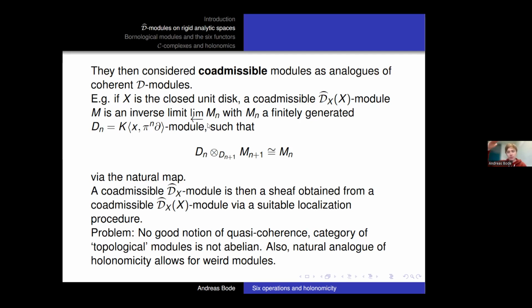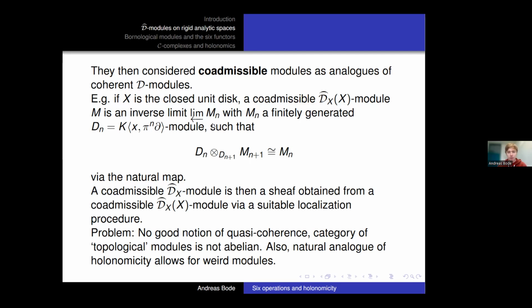And whenever I shrink the radius of convergence, the corresponding modules are just given by localization, by tensoring down. So a co-admissible D-cap of X module is the same as giving, for each level n, a finitely generated module M_n, which are compatible via this tensor product rule, and then I take the limit of these.